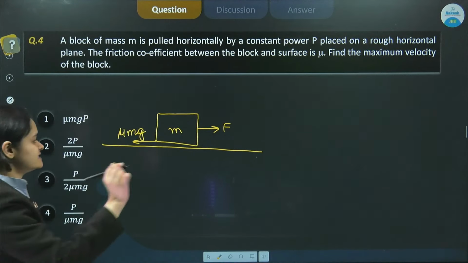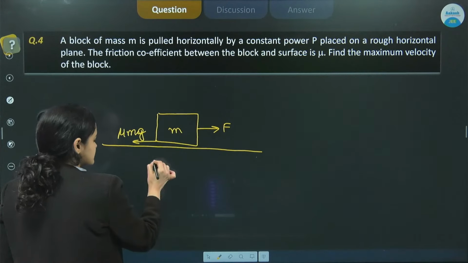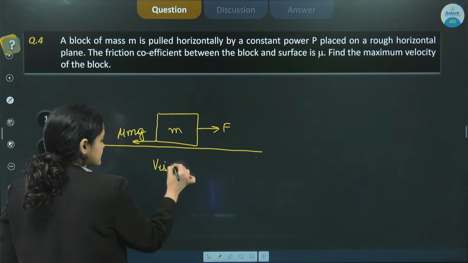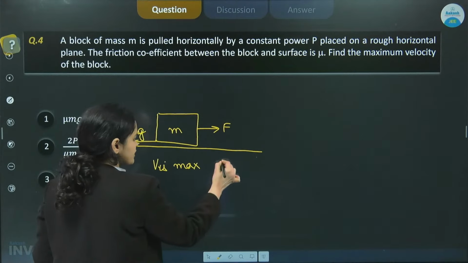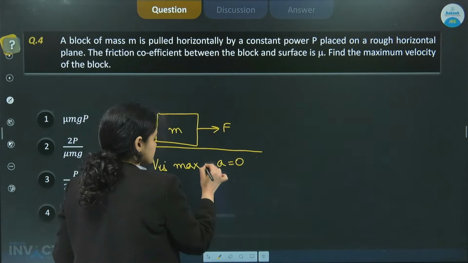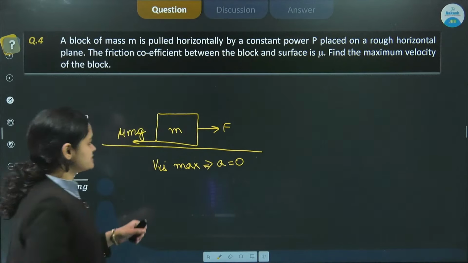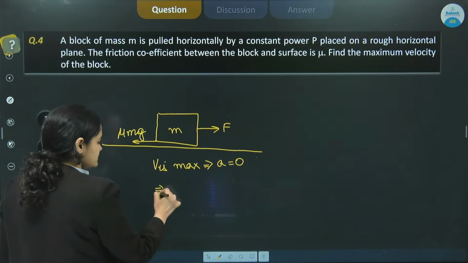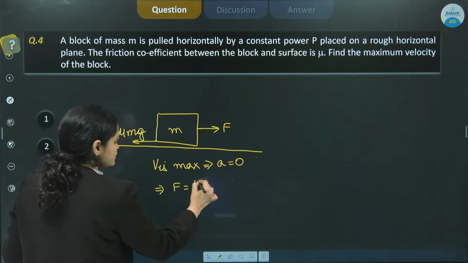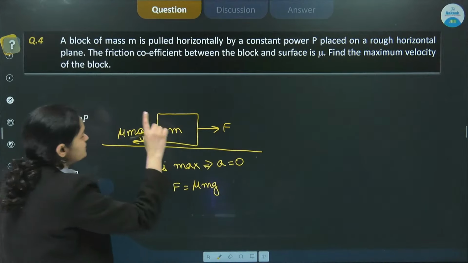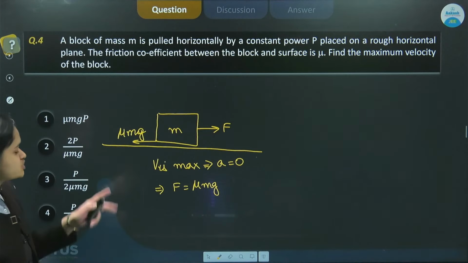See, velocity is maximum when the acceleration is 0. So when acceleration is 0, F is going to balance mu mg. Now the power is given to us and it is constant.